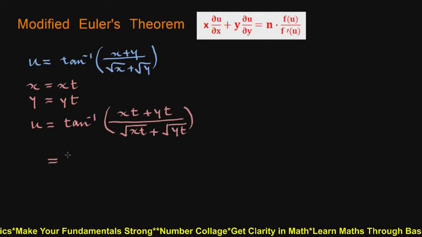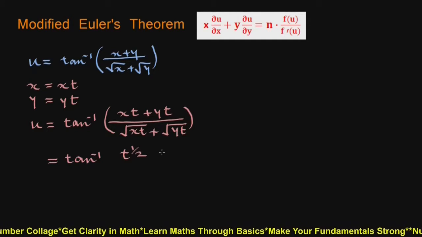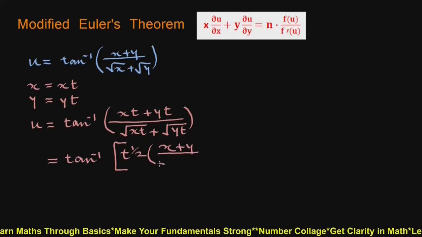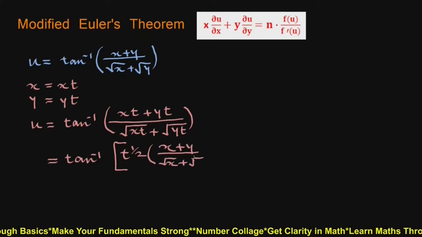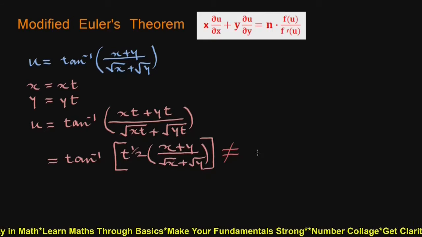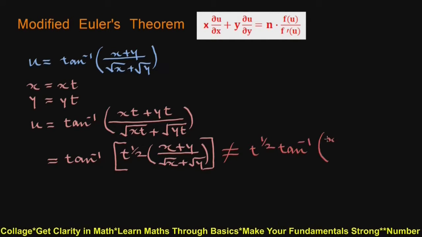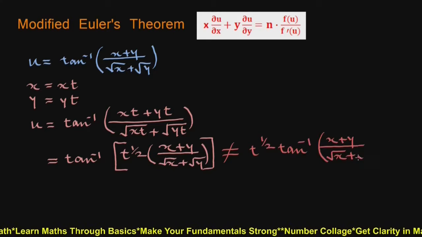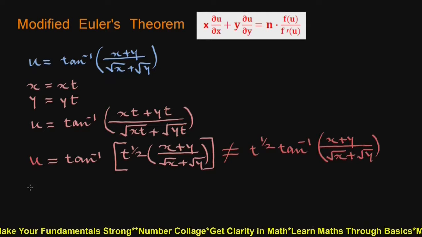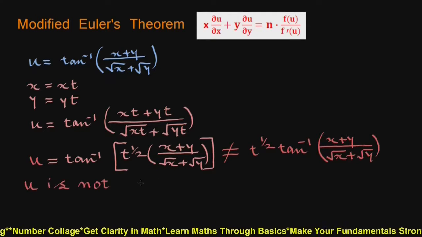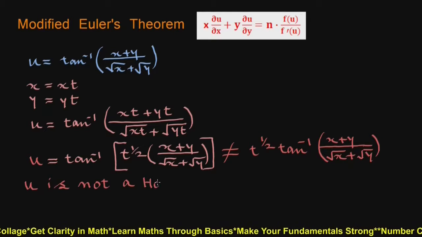That will be tan inverse of t raised to half times (x plus y) upon (root x plus root y), which is not in the form t raised to half times tan inverse of (x plus y) upon (root x plus root y). Therefore, u is not a homogeneous function.